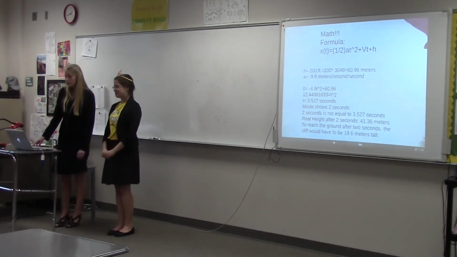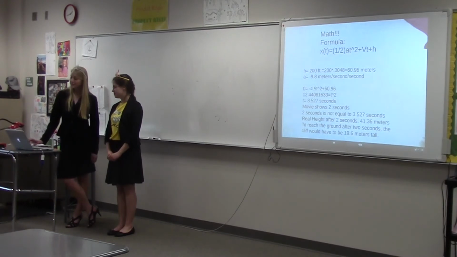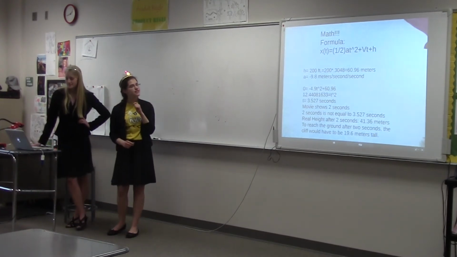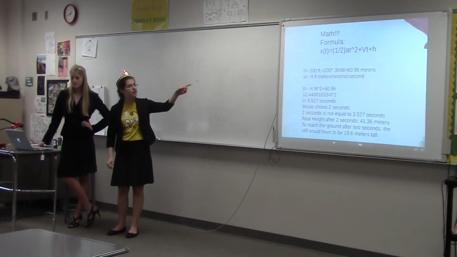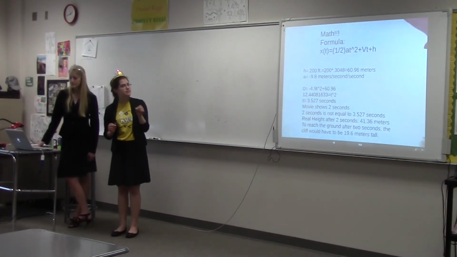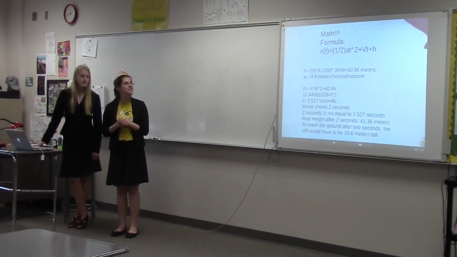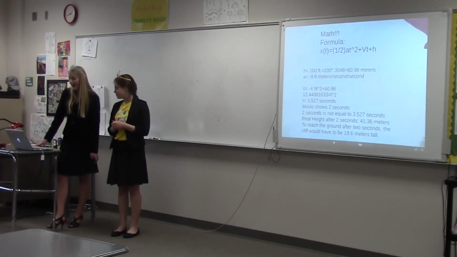So, using our position formula, 1/2 at squared plus v initial t plus height, we developed our equation. Christoph said our height was 200 feet, and we're gonna convert it into meters. So we have our conversion of 0.3048, giving 60.96 meters, and because of gravity our acceleration is negative 9.8 meters per second squared.